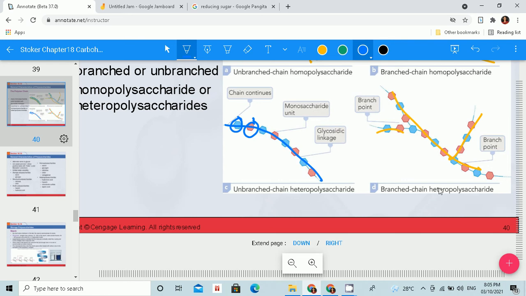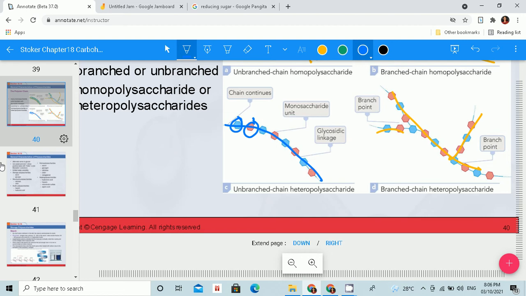Now here, this one is a branched chain and it is a heteropolysaccharide. It could be a glucose, then fructose, glucose, and then ribose. So it is a heteropolysaccharide.